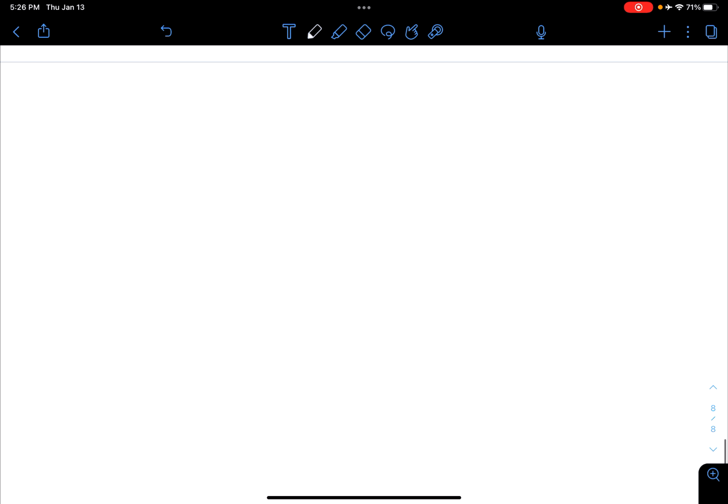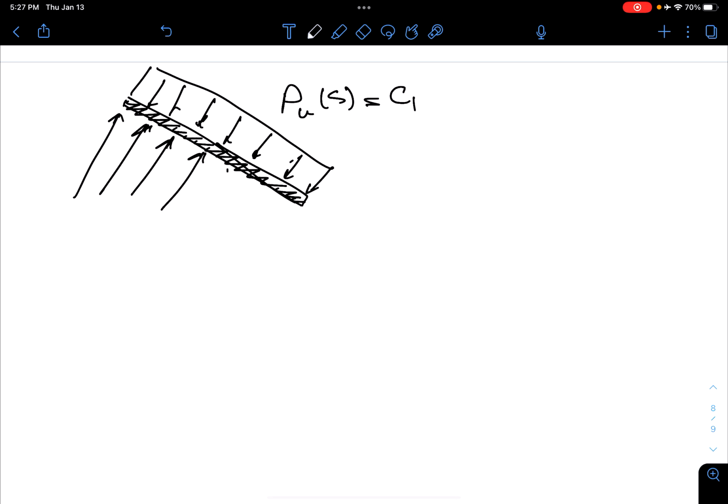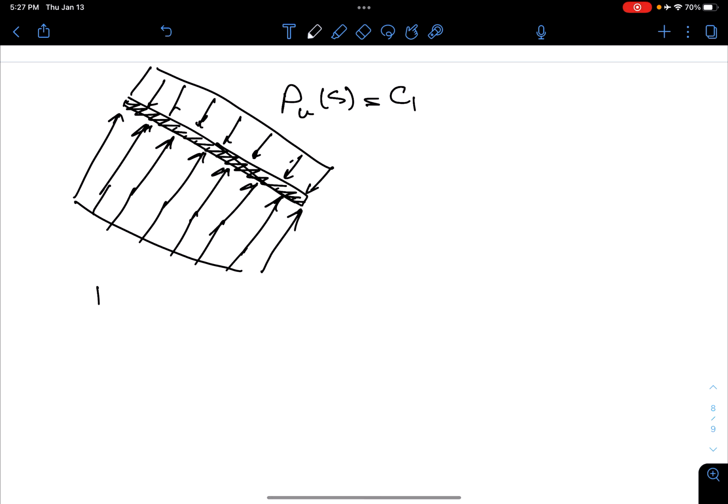This example is also in your notes. So we have this flat plate, and we are given the pressure distribution on the top surface of the flat plate as a constant number C1, and pressure distribution on the lower side of the plate, which is just C2.